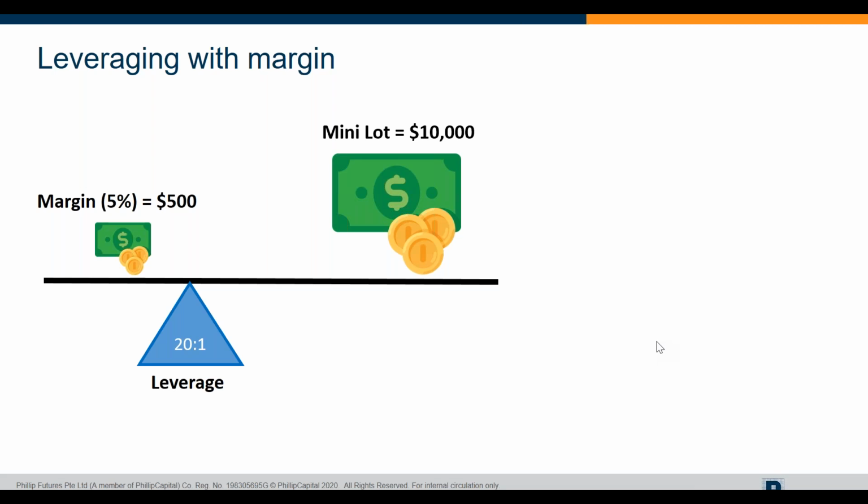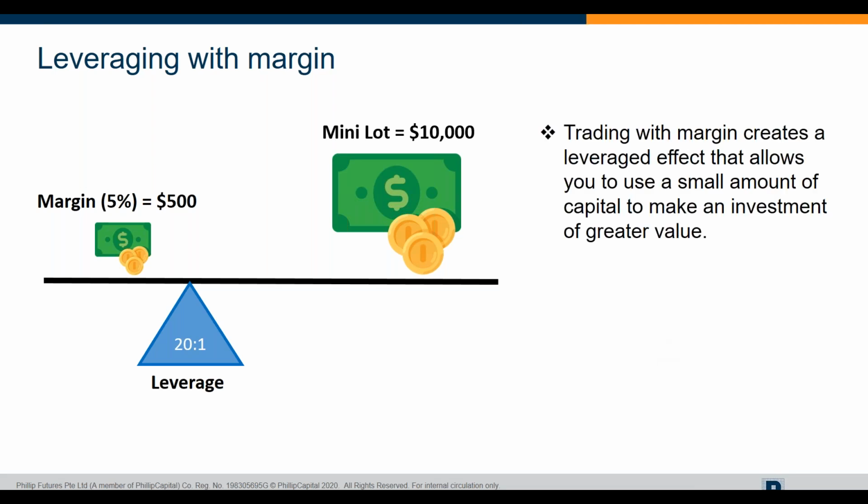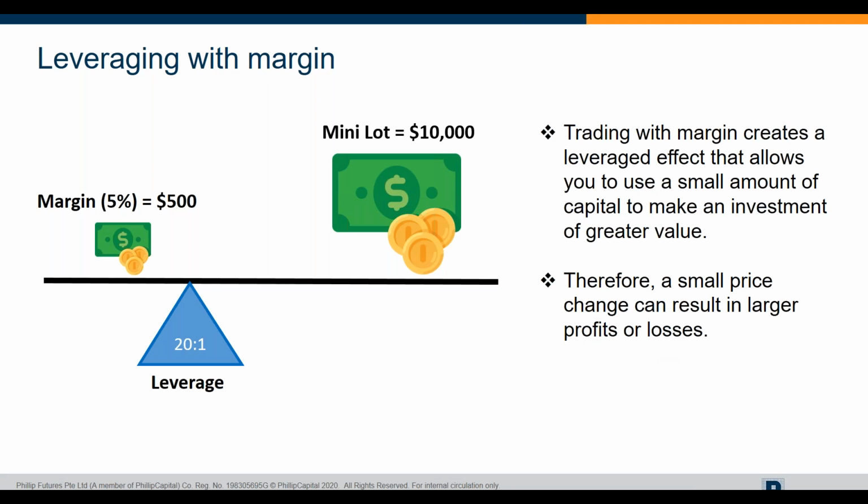Some are 5%, some are 20%. Essentially, you are magnifying the power of your capital. It is really important to know that with leverage, a small price change can result in a larger profit or loss. And it really is a double-edged sword lah.